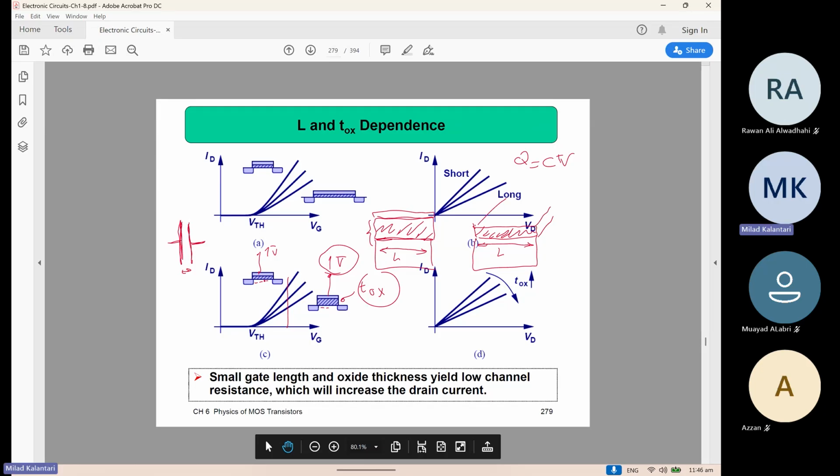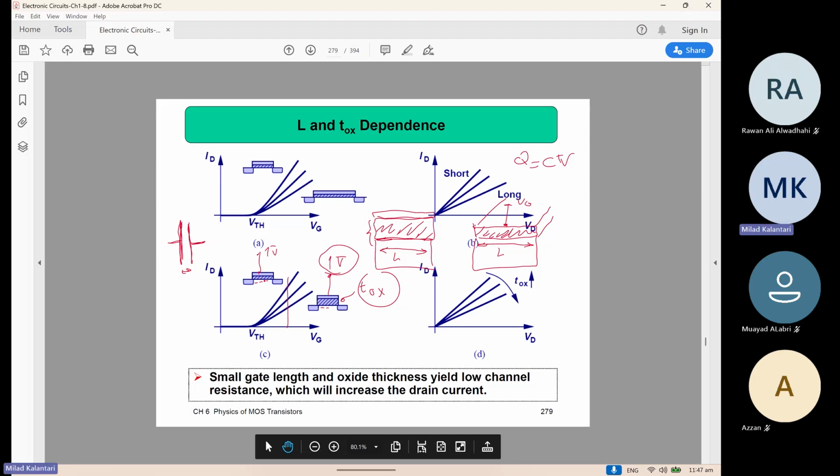right? And then you apply some voltage from the top, right? So first of all, let's say the length is fixed and we are changing only the thickness of the dielectric, right?